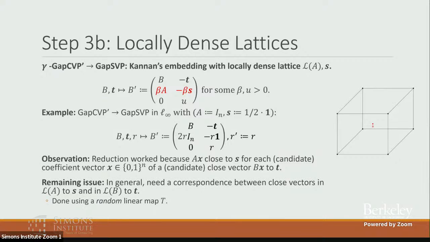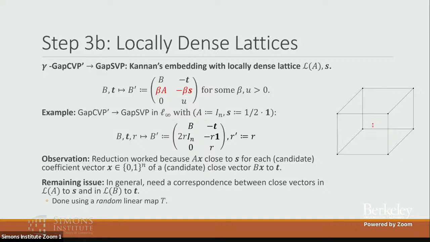So the last remaining issue in this reduction is that, in general, this won't be true for a locally dense lattice, and you need some way of establishing a correspondence between close vectors in the lattice generated by A and the lattice generated by B. This is actually not super interesting for the purposes of this talk, but I just want you to be aware of it.